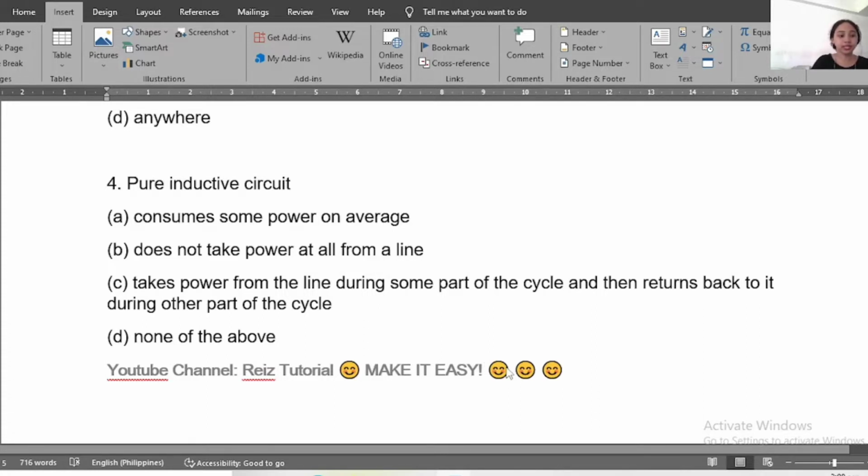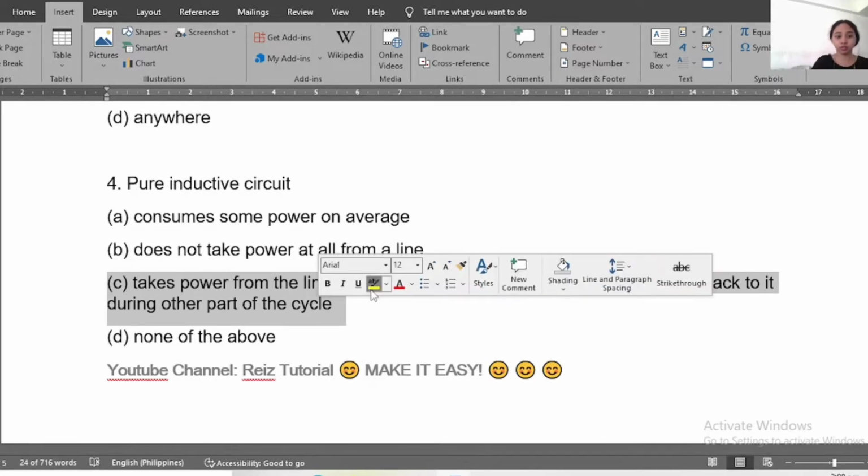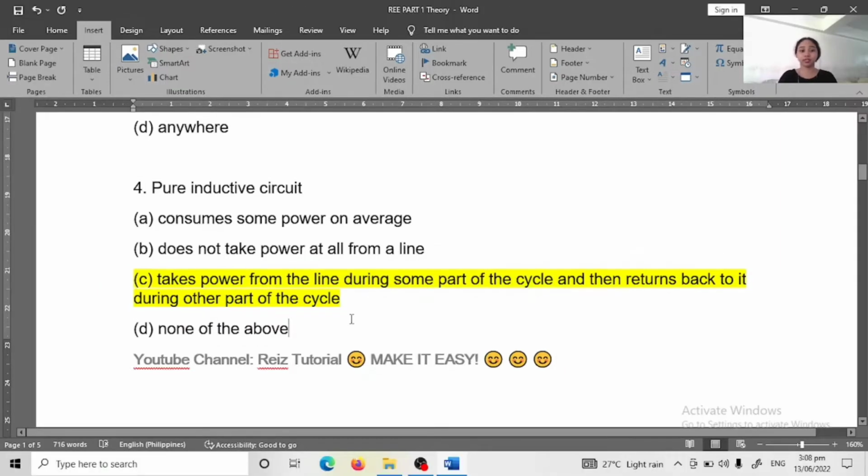So the pure inductive circuit takes power from the line during some part of the cycle and then returns it back during the other part of the cycle. So this is called the back EMF. That's one of the characteristics of the inductive circuit. That's why you have high current when you have an inductive load, because we have a back EMF.